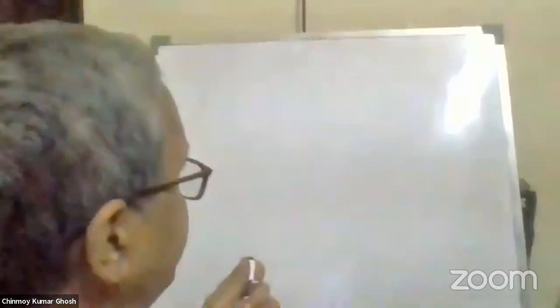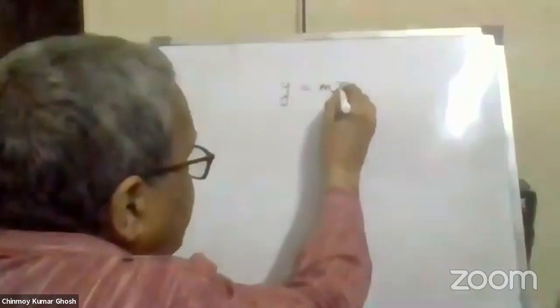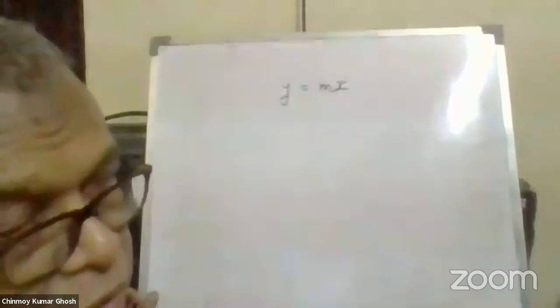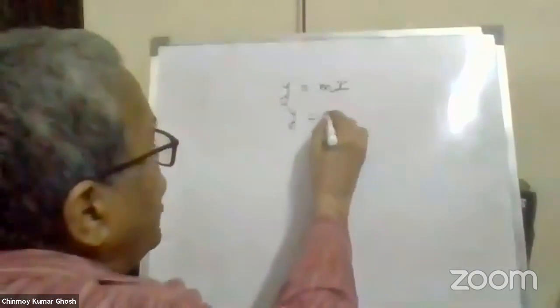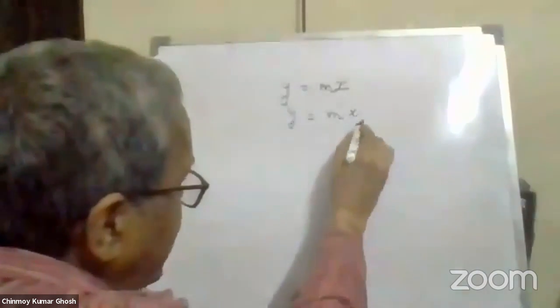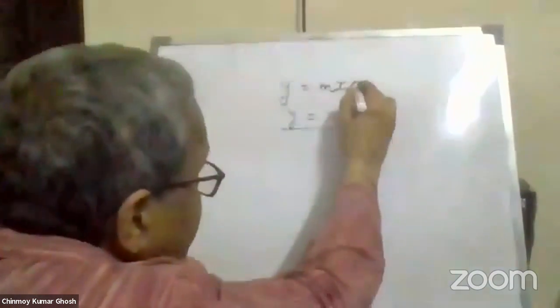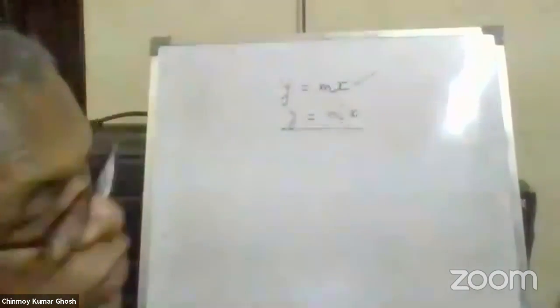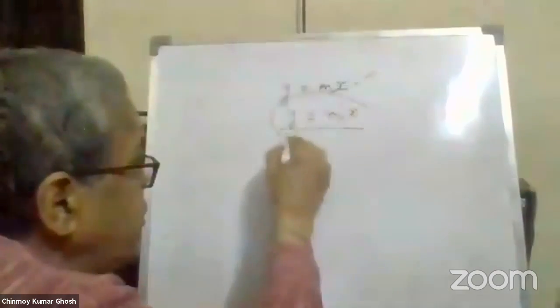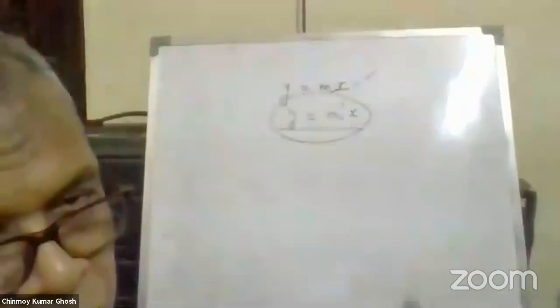In the case of an ellipse, if you have a system of parallel chords parallel to y is equal to mx, then the diameter will be y is equal to m prime x. And then for the chords parallel to y is equal to m prime x, the diameter will be y is equal to mx.